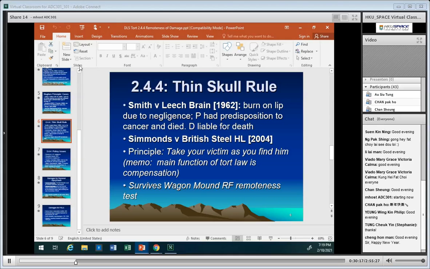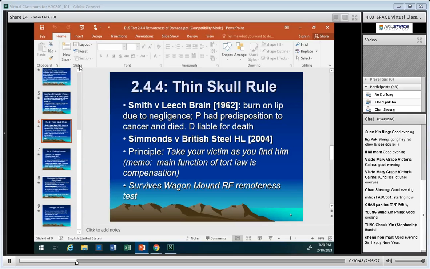And so the court applied the thin skull rule in Smith and Leach Brain, so the defendant was liable. Also interesting to note, it was an employment contract, so without sounding a bit cynical, the courts usually are on the side of an employee when they are suing an employer, because the employer is under quite a heavy duty of care with regard to safety of employees.